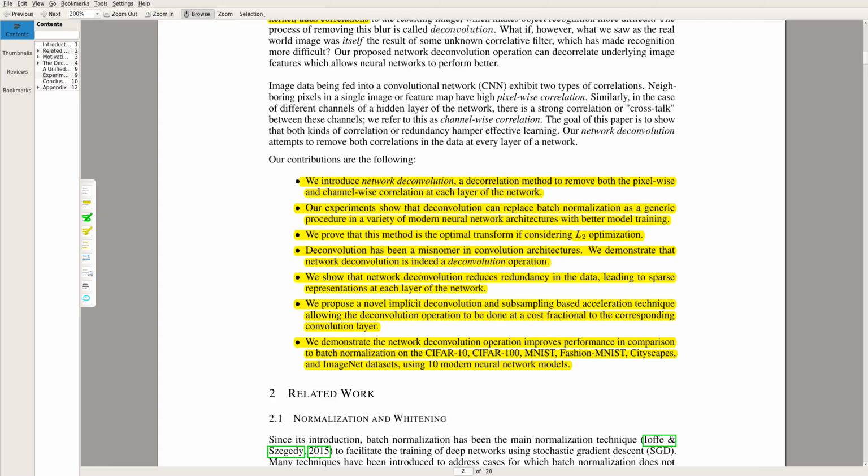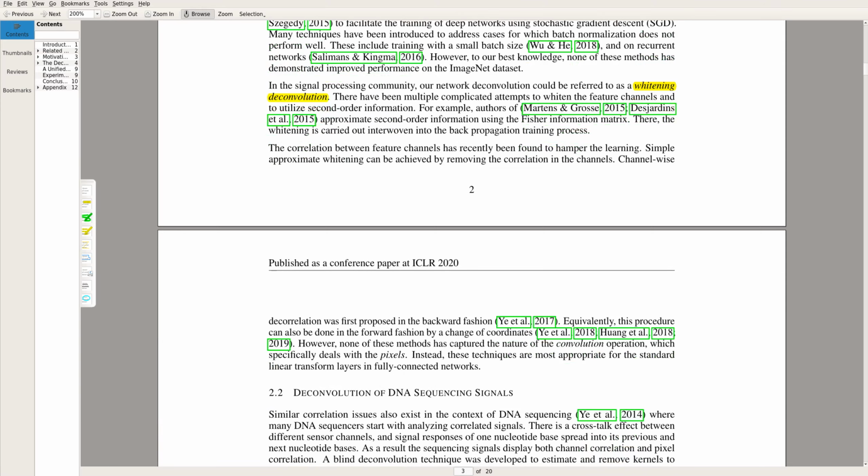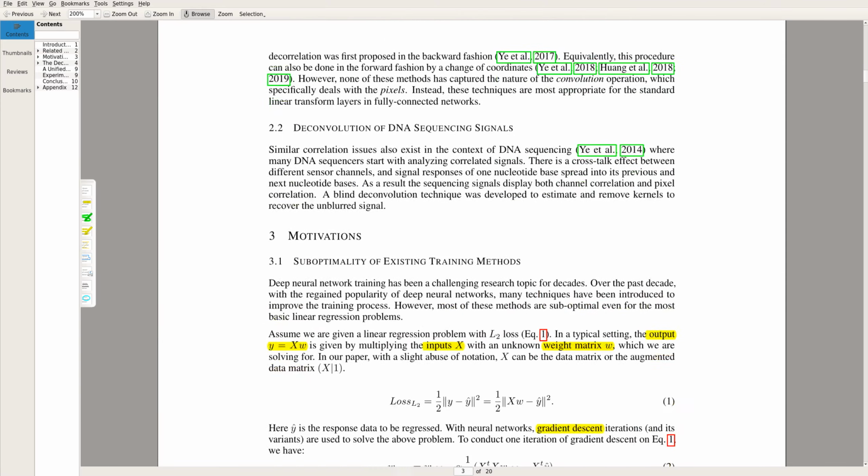They propose an implicit speed up of the deconvolution procedure, because without it it's a useless method, as you would get so much loss of performance. Then they demonstrate the improved performance. Okay, so the operation they do is sometimes also called whitening deconvolution.